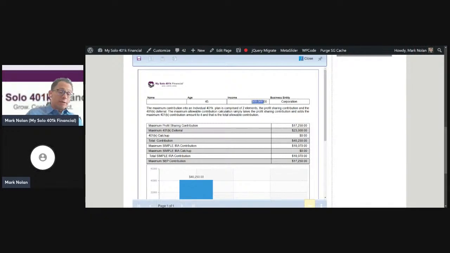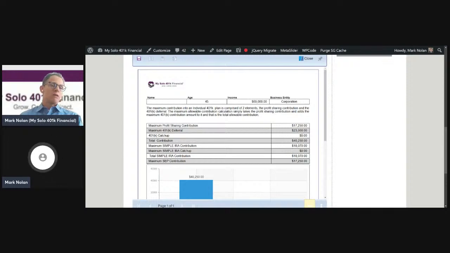So based on $69,000 of W-2 wages, you're going to be able to contribute that entire $69,000 as a voluntary after-tax solo 401k contribution for tax year 2024, and then you'll be able to convert it over to the Roth solo 401k plan. The calculator doesn't do a very good job here because it's talking about profit sharing, employee.